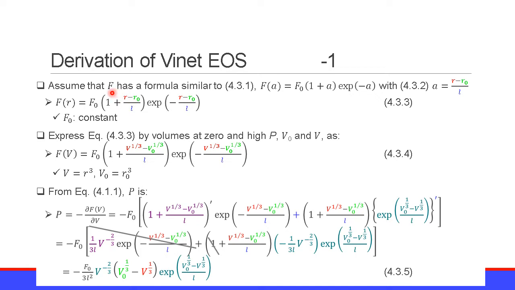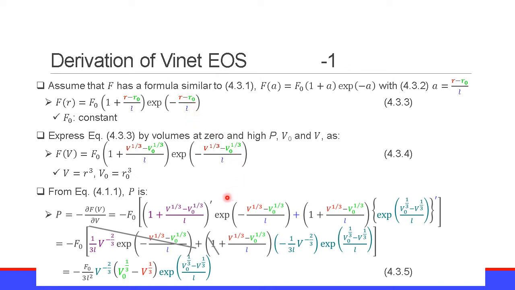Therefore, Helmholtz free energy F has a similar formula to equation 4.3.1, namely F is equal to F0 times 1 plus A times the exponential function of minus A, and the parameter A is equal to (R minus R0) over L. We replace A by (R minus R0) over L. Then we have a Helmholtz free energy as a function of the atomic distance R, which is equal to F0 times 1 plus (R minus R0) over L times the exponential function of minus (R minus R0) over L.